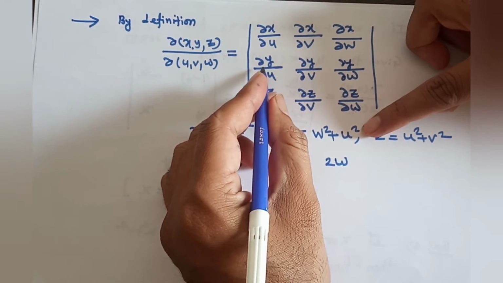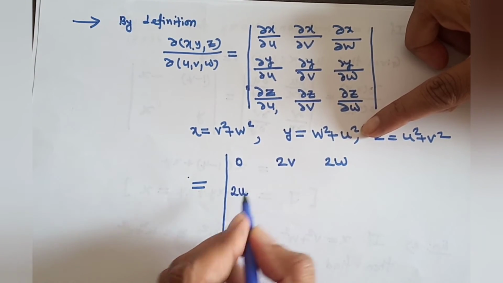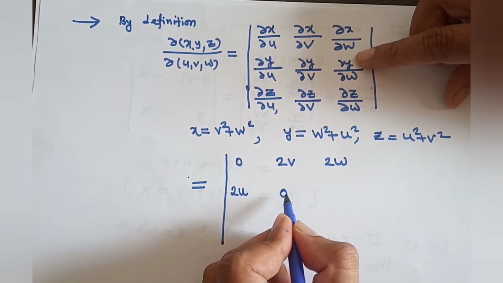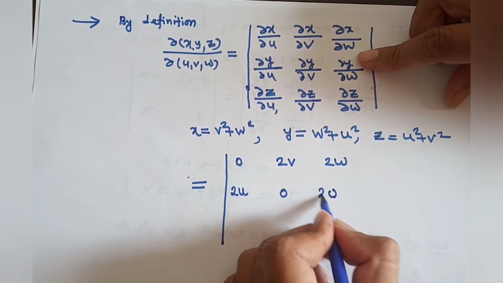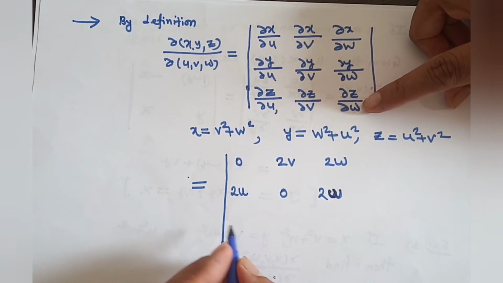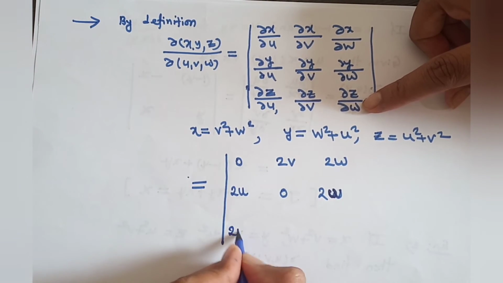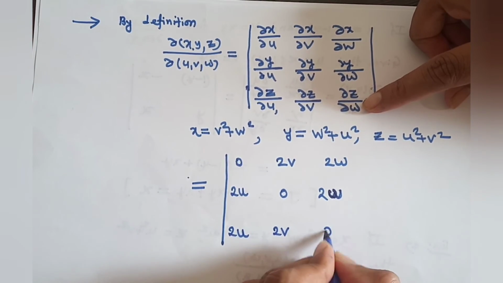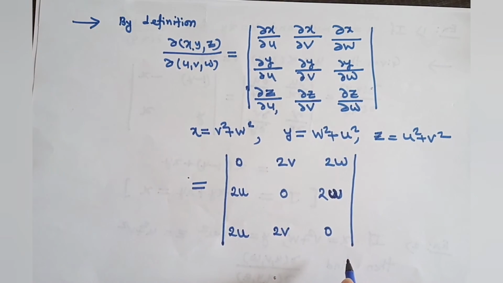Second row: derivative of y with respect to u is 2u, y with respect to v is 0, and y with respect to w is 2w. Now third row: partial derivative of z with respect to u is 2u, z with respect to v is 2v, and z with respect to w is 0.